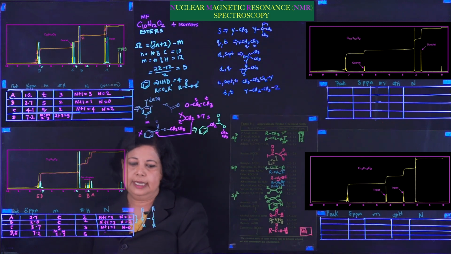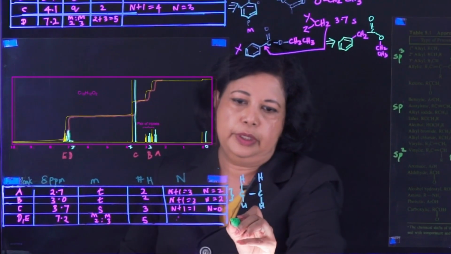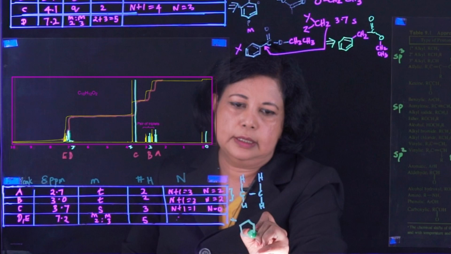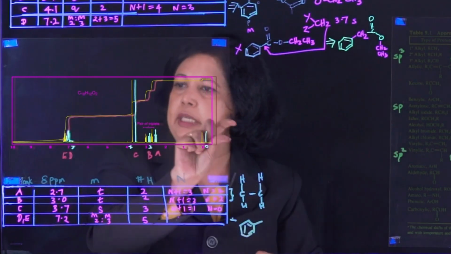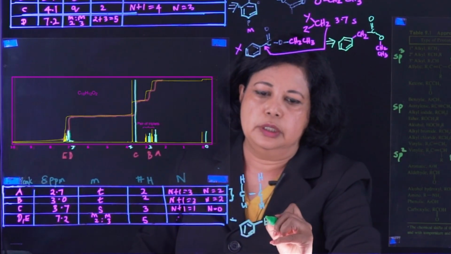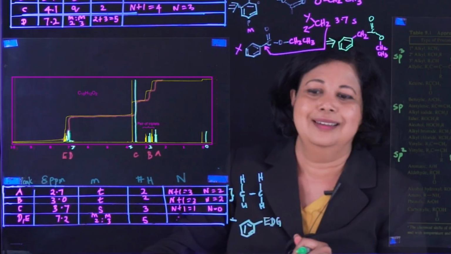Let's put these all together. We have a benzene. We already have 5 protons. Therefore, we know that the benzene has only 1 substituent. And here the 3 protons are shielded, 2 de-shielded, which means you have an electron donating group right next to it, like an alkyl group.